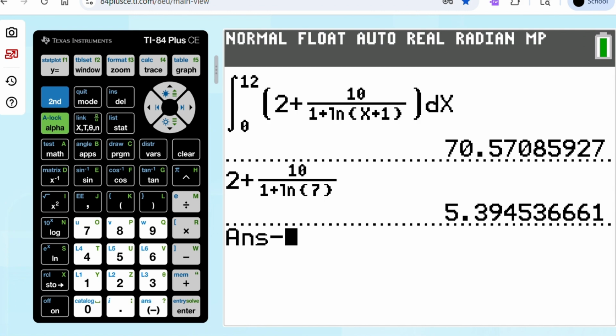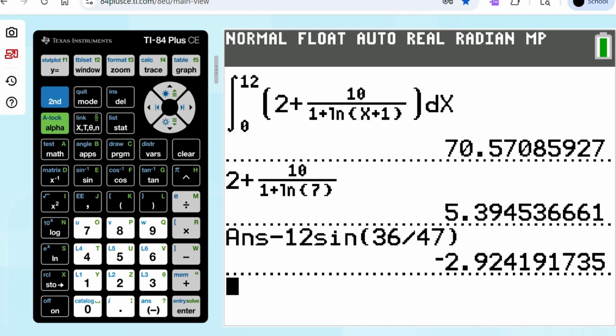And then we're going to subtract r of 6, which is 12 sine of t squared, or x squared in our case, which if we're using 6 will be 36, over 47. And if we subtract that, we get negative 2.924.